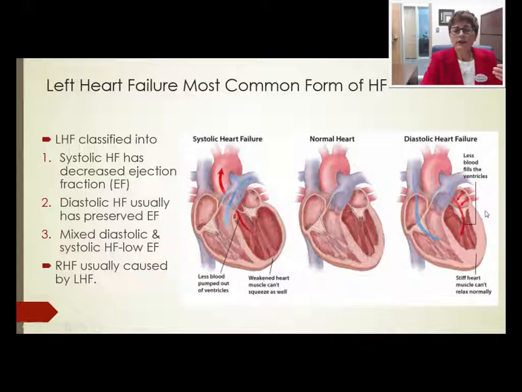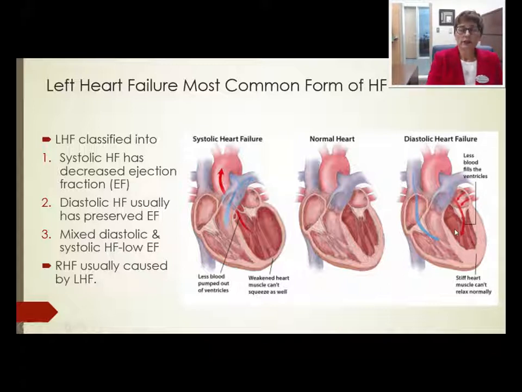Diastolic heart failure is like a stiff tire. It can't relax, it can't move as well, so there's less blood filling that ventricle. So with diastolic heart failure, they actually can have a normal ejection fraction because the ventricle is still squeezing the percentage of blood.